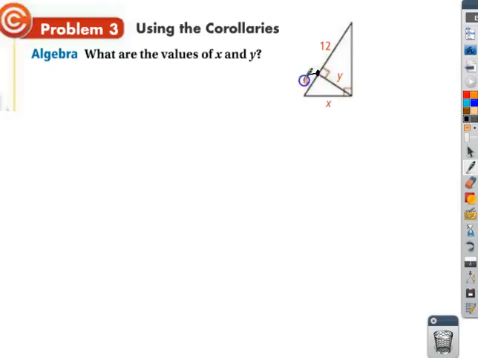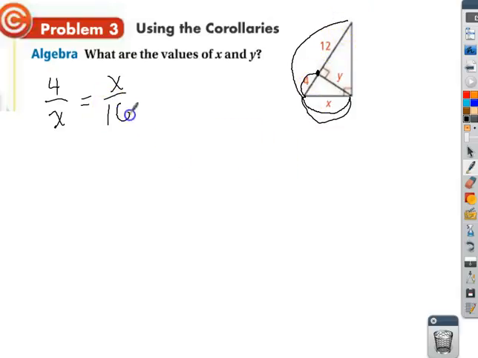So how would it set up? Call it out. 4 over X equals X over, not 12. How long is this whole line right here? 16.